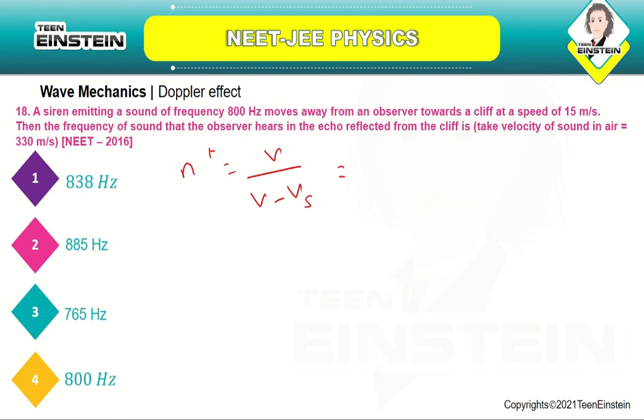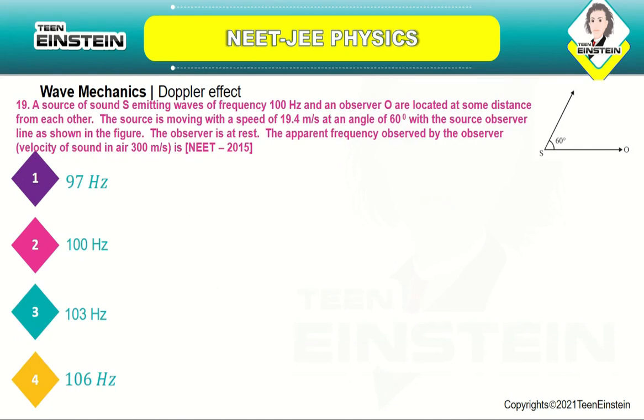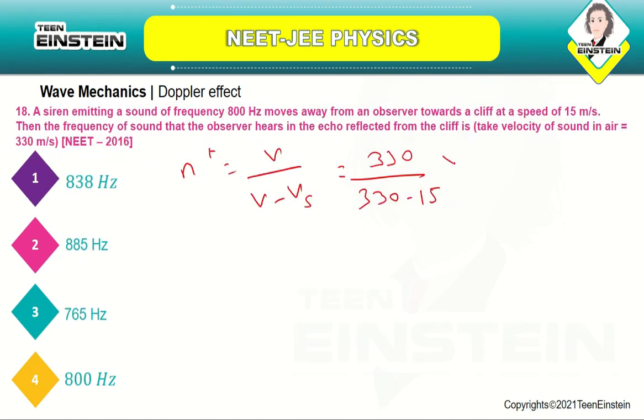Okay, so this will become 330 by 330 minus 15 into 800. So you are substituting here, and when you solve this, you will be getting it as 838 Hertz.